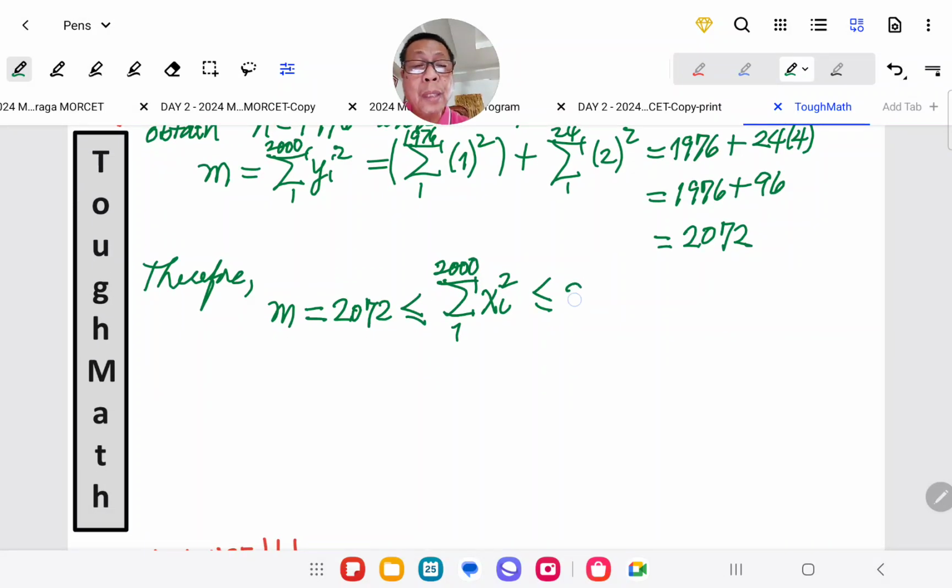So we have 2,624, and this is our capital M. So that's it for this problem and for this video. So the lower bound is 2,072 and the upper bound is 2,624.